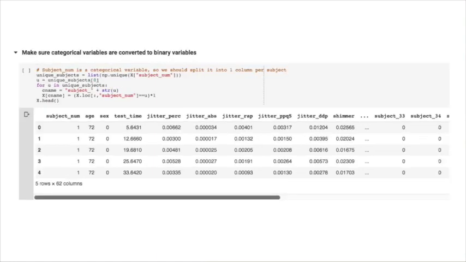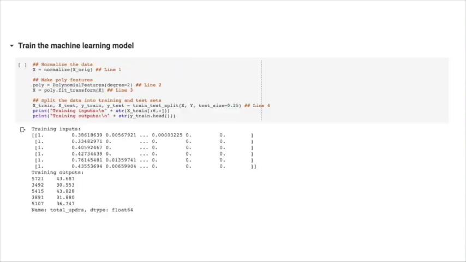Next, you have to make sure that categorical variables are converted to binary variables. We're making 1 column per subject, and the value should be 1 if it's the corresponding subject number and 0 otherwise.